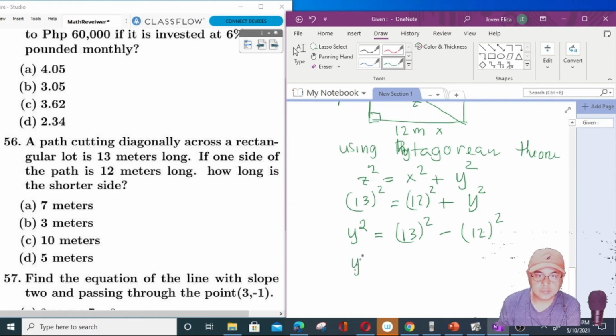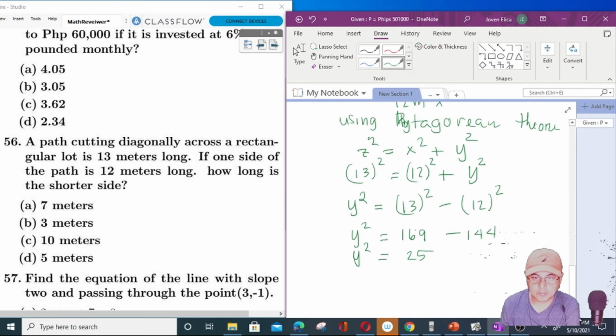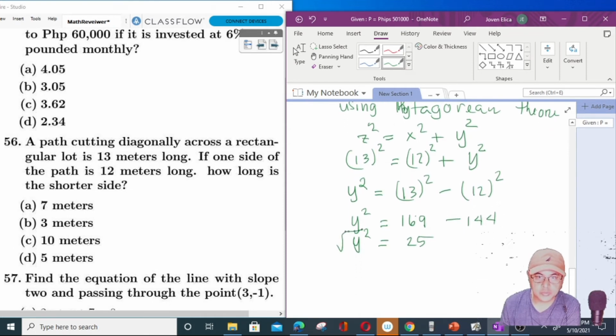So therefore, y squared is equal to 169, that is 13 squared, minus 144. So y squared is equal to 169 minus 144, which is actually 25. Taking the square root of both sides, y is equal to 5 meters.